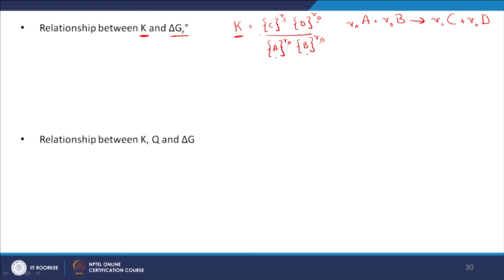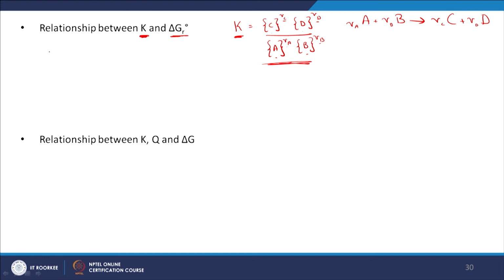When is this set of variables equal to the equilibrium coefficient? When the system is at equilibrium. When it is at equilibrium, you will have relevant activities of the various compounds, and that is when you can calculate K.